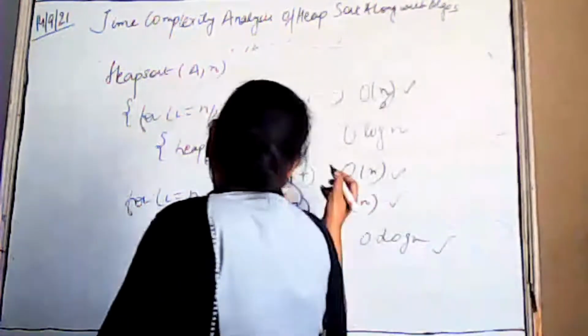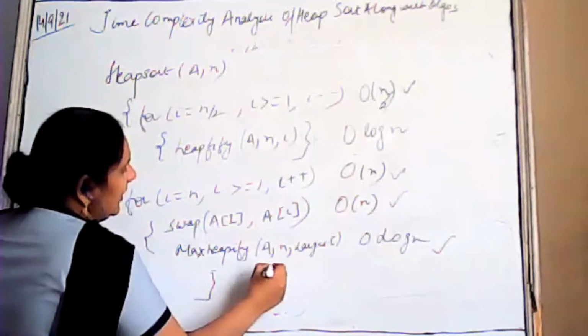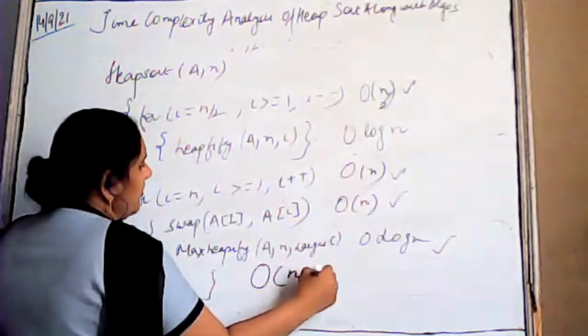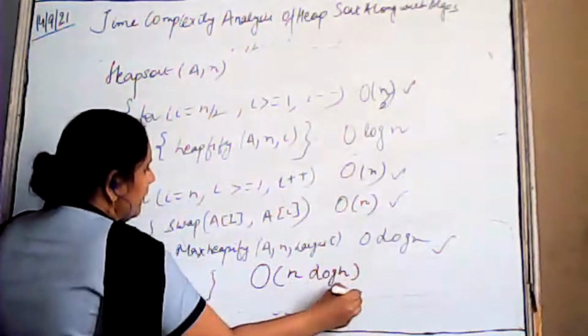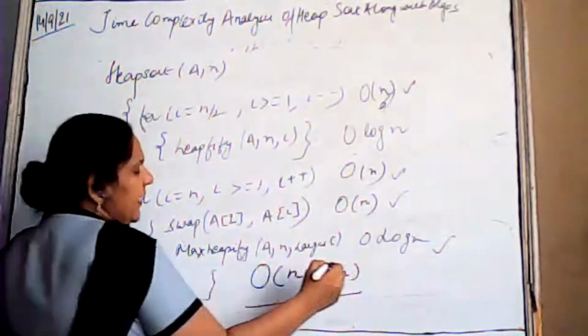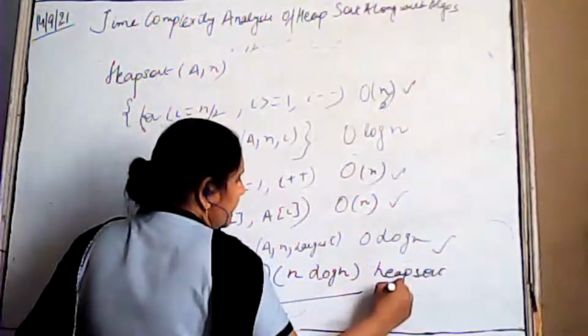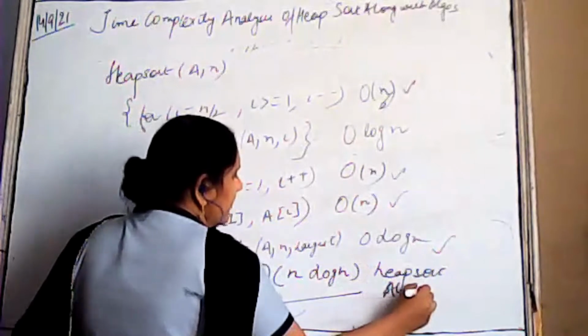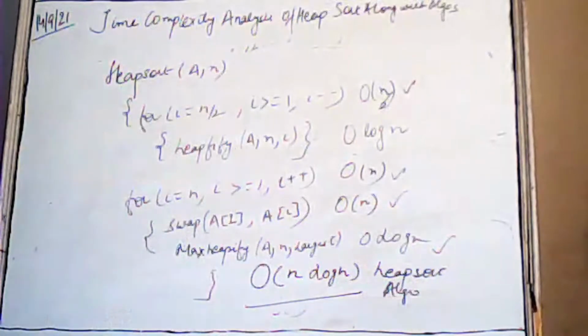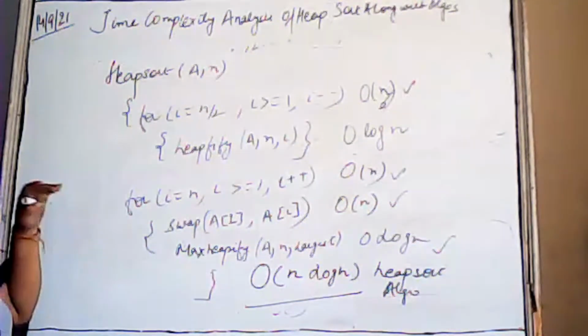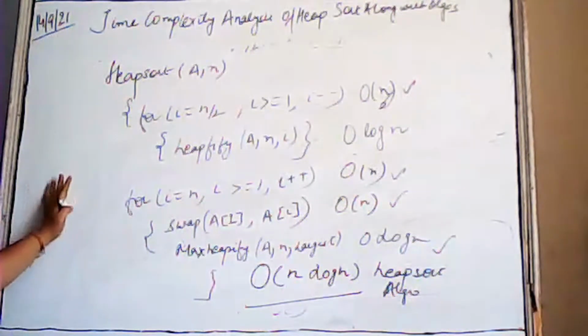If I combine all these, the highest power of n is only 1, so it is order of n, and log n is common. So you can take order of n log n time for the entire heap sort. This is how heap sort analysis is done.